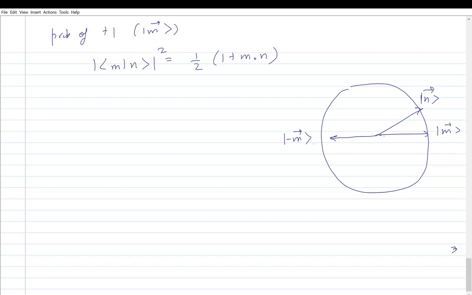The probability I am getting the state m with an eigenvalue of 1 is just going to be related to the dot product of these two vectors, and of course I'm going to get a -1 with probability this.